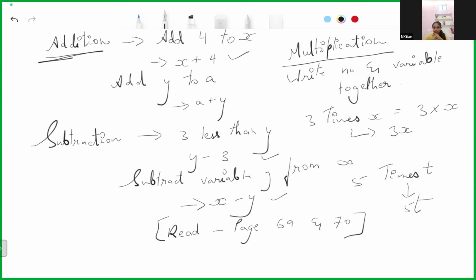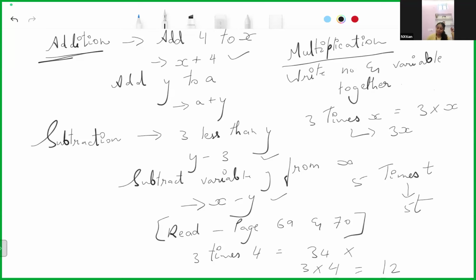But ma'am, you can't apply this if it's only numbers, or only variables, right? If it's only variables, you can apply this, but if it is only numbers, you cannot apply this. You have to multiply them. If I have 3 times 4, you cannot write 34. You have to multiply, and that is 12.